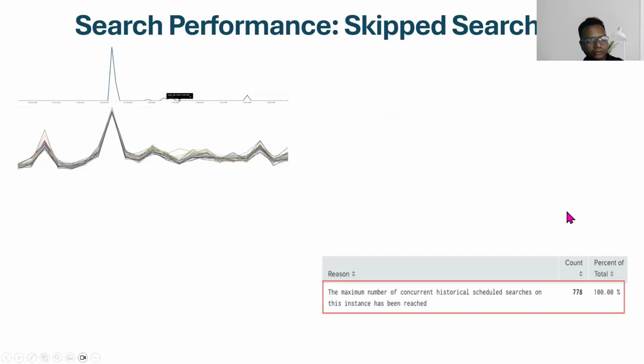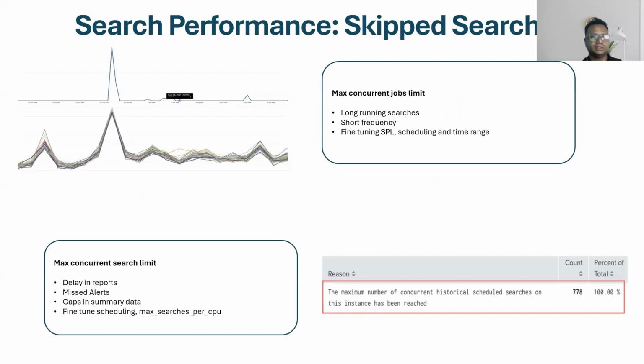And following on, we have search performance and skipped searches. As we spoke about the indexing issue, similar to how data ingestion can be a problem, search performance also contributes to overall Splunk environment health.